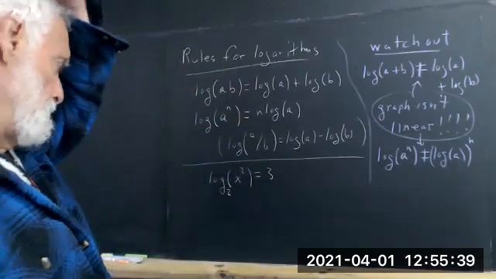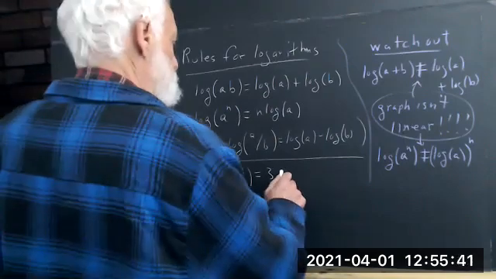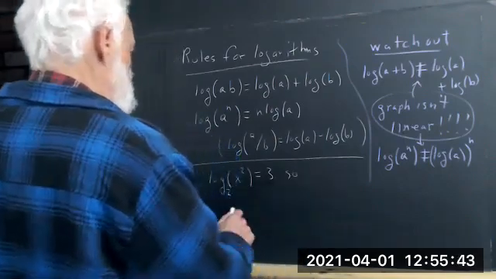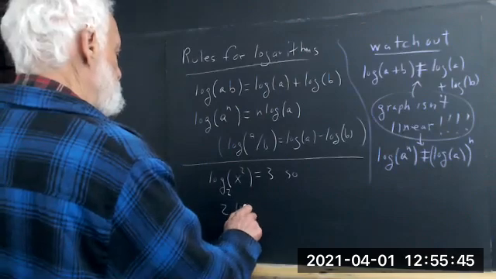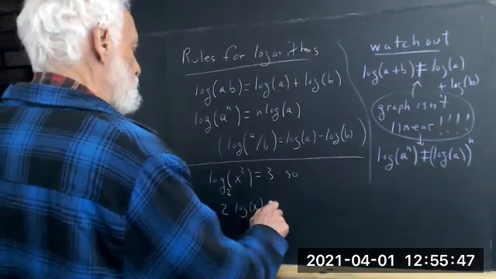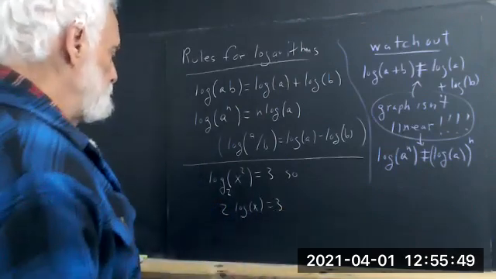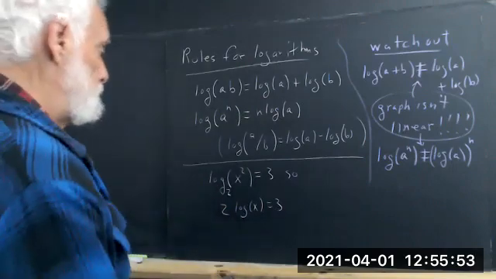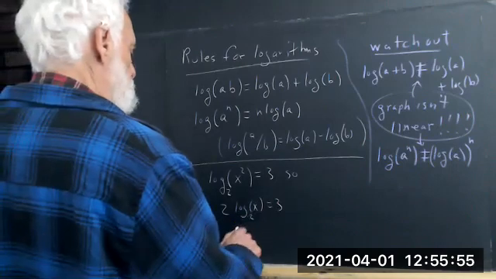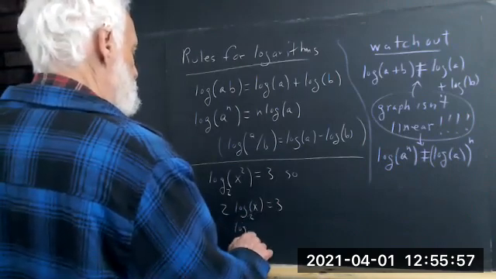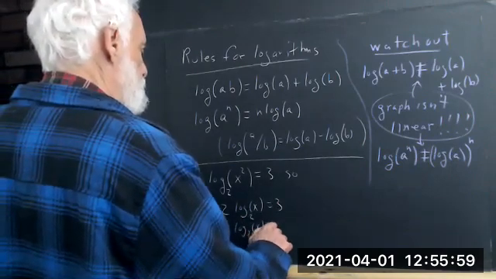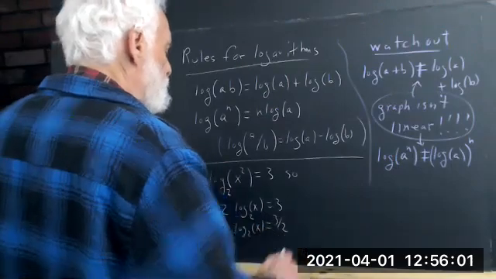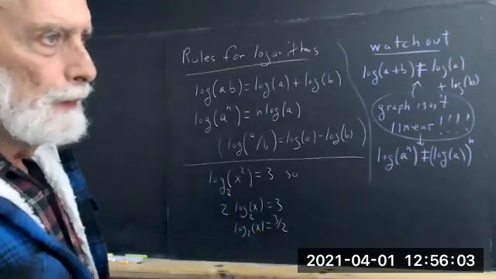Well, that means by this rule, 2 times the log base 2 of x equals 3. So log base 2 of x is 3/2.